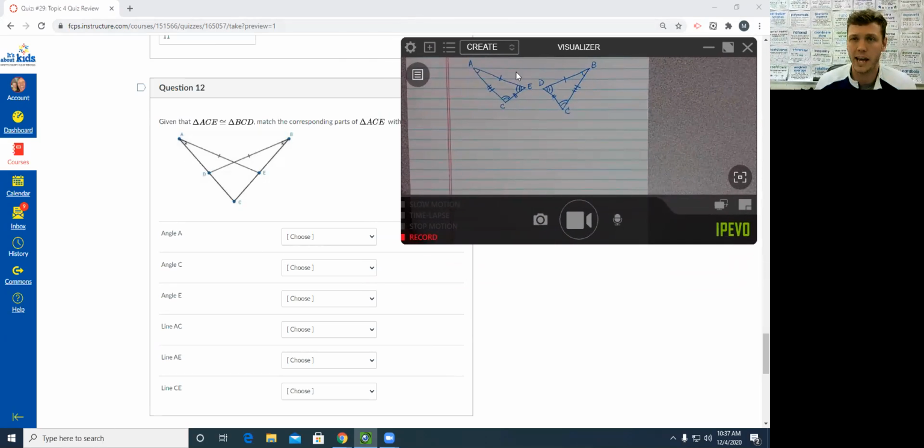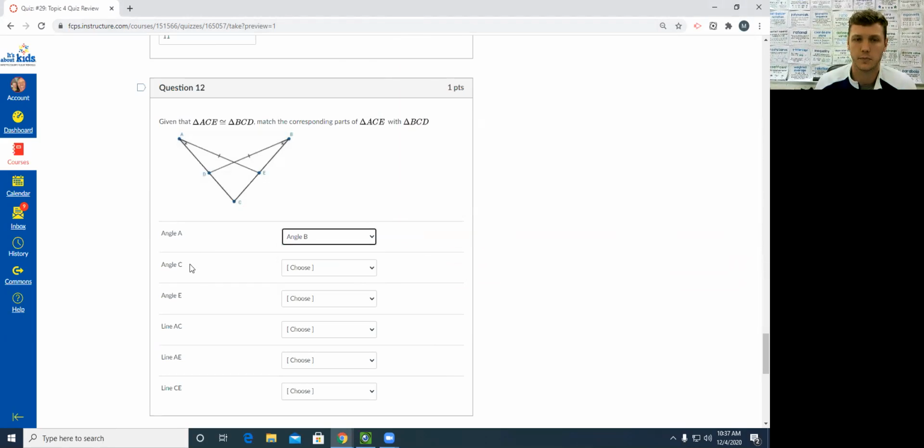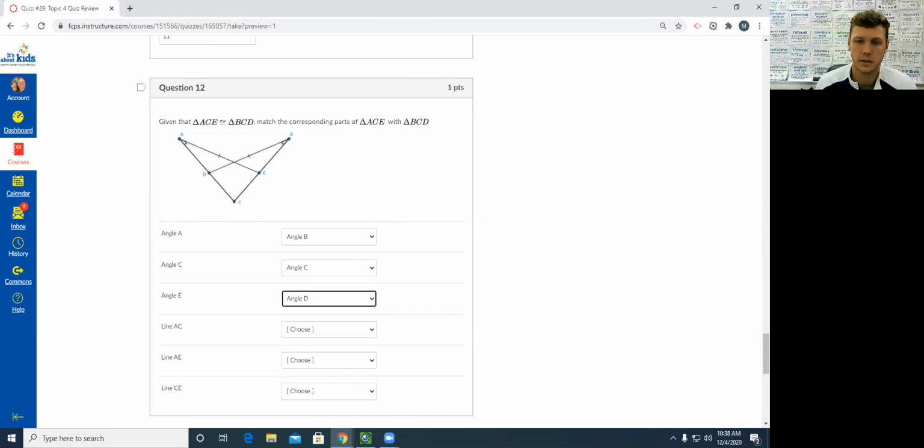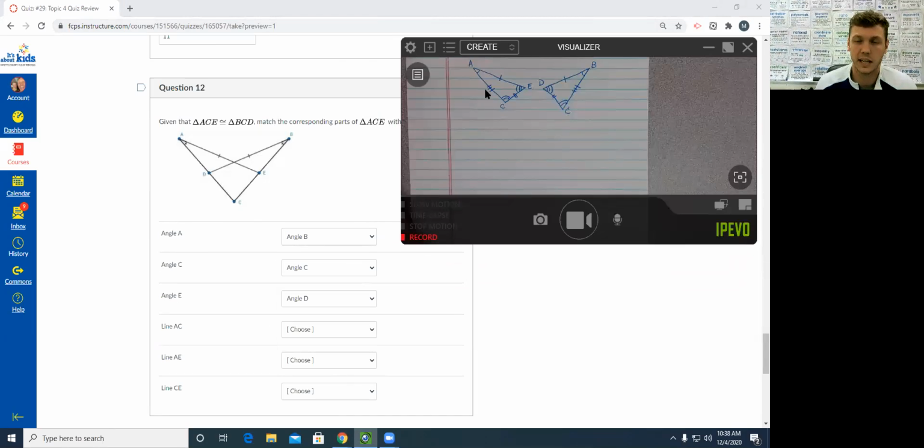So angle A, right? Angle A corresponds to angle B. Okay. Angle C, right, corresponds to angle C. Angle E, let's look back here. Angle E corresponds to angle D. Right. We've got line AC.